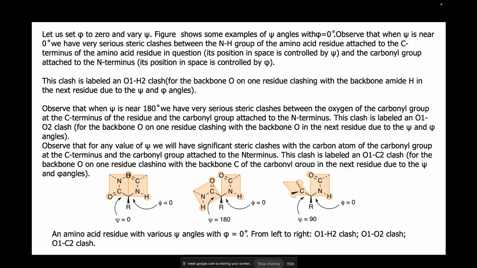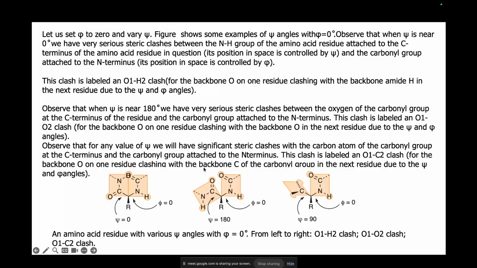So if both of them are zero, you have very serious steric clashes between the amide group of the amino acid residue attached to the carbon terminus of the amino acid residue in question, and the carbonyl attached to the N terminus as well. This is a clash labeled as O1H2 clash for the backbone oxygen of one residue clashing with the backbone amide hydrogen in the next residue due to the phi and the psi angles, right?